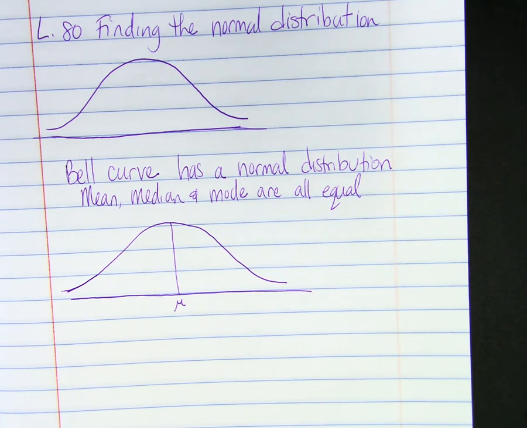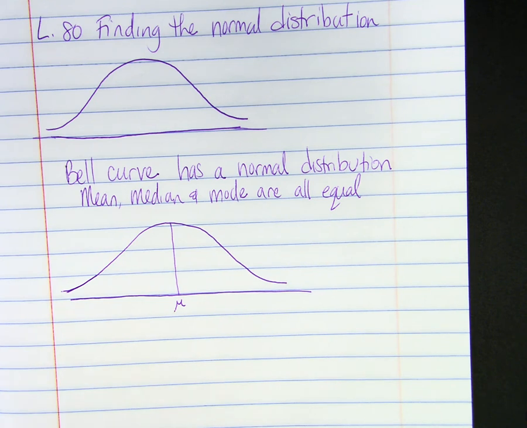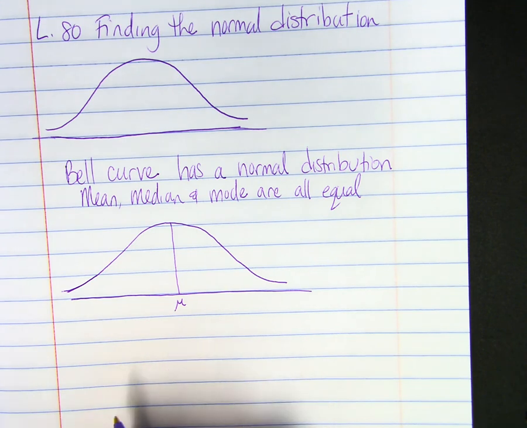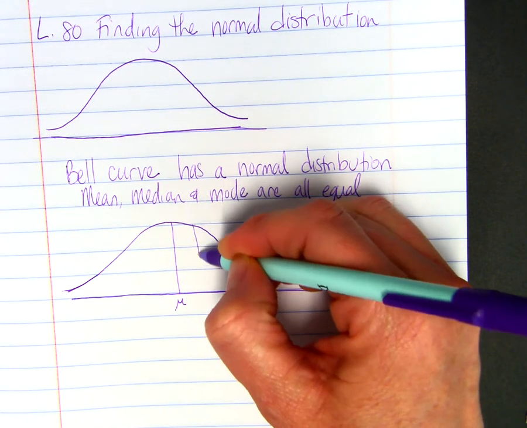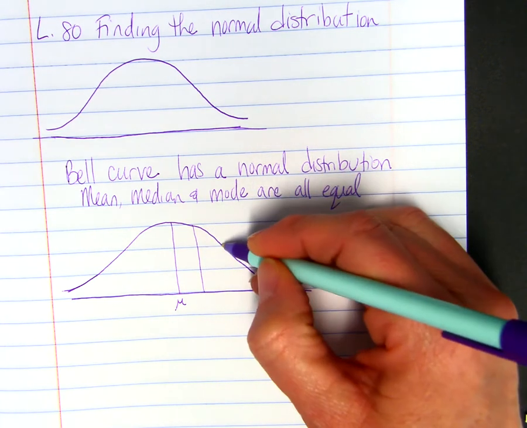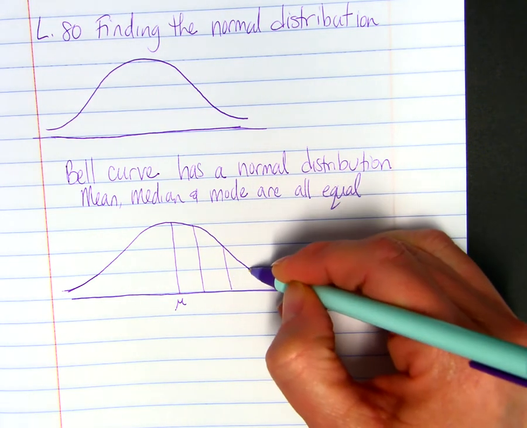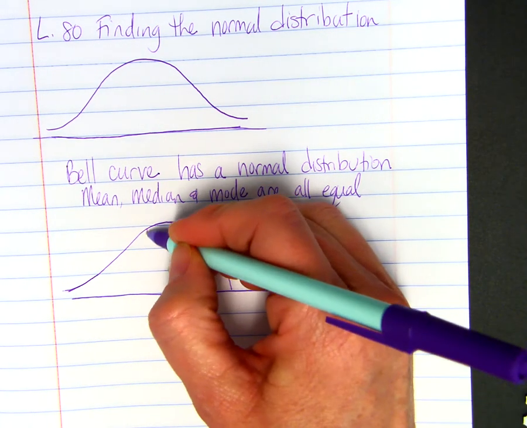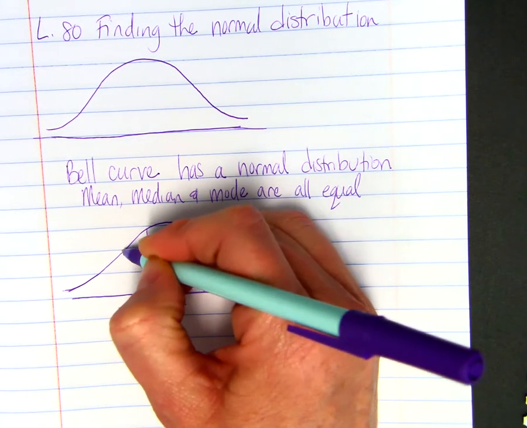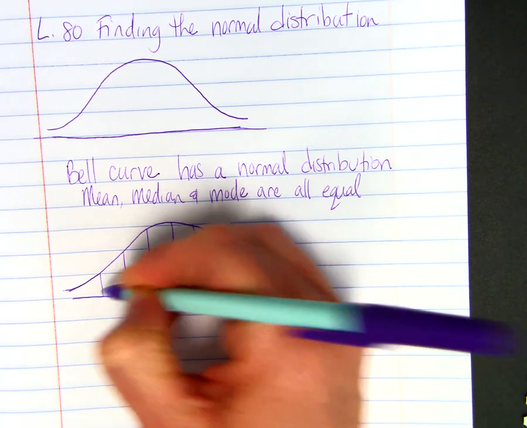We call that mu, because that's the mean. These are called standard deviations, and that's just the distance away from the mean.